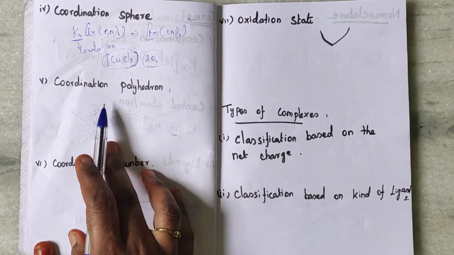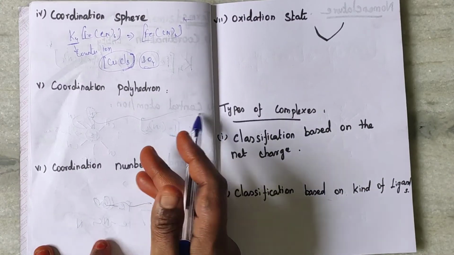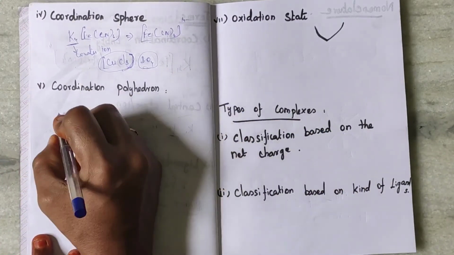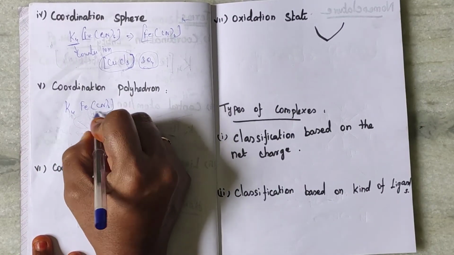Next, coordination polyhedron. Coordination polyhedron is just the shape. How will you predict the shape of the complex? Write the example K4FeCN6.